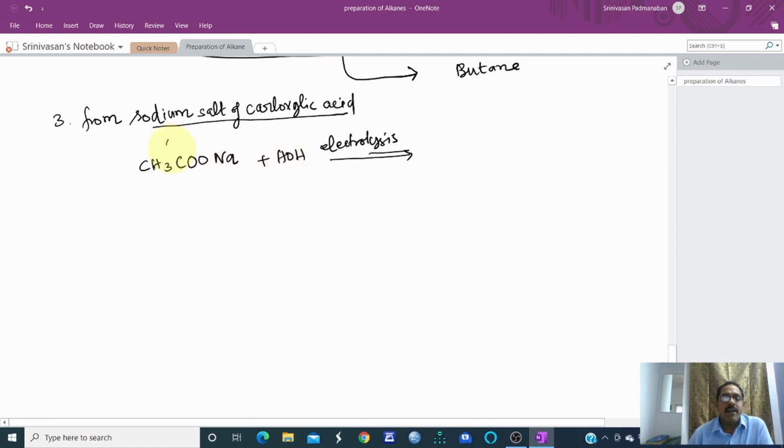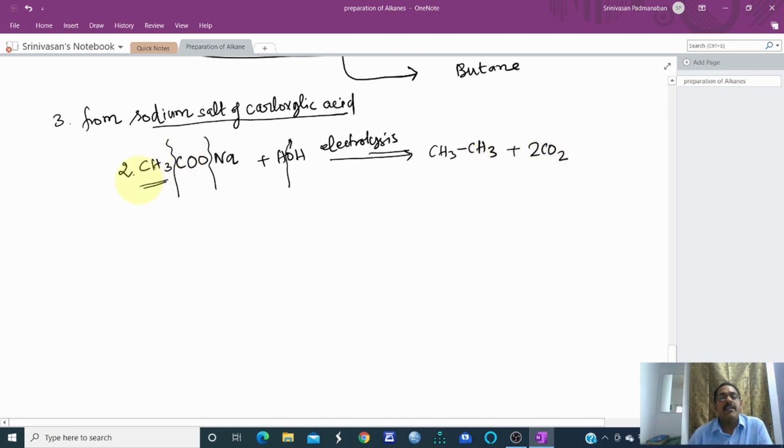So now it will be breaking here, here, these places, and normally two molecules will be reacting. If two molecules are reacting, one CH3 is attached to another CH3 and it forms ethane, again as like Wood's. And this one forms COO, which should be carbon dioxide.